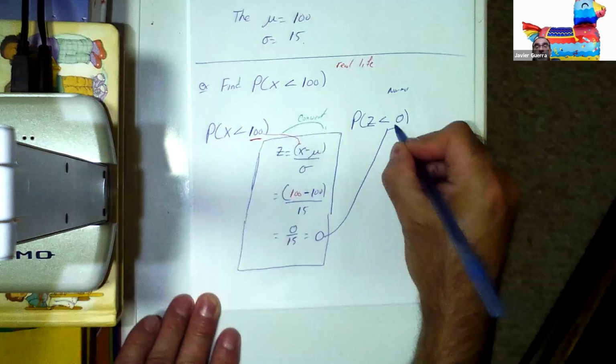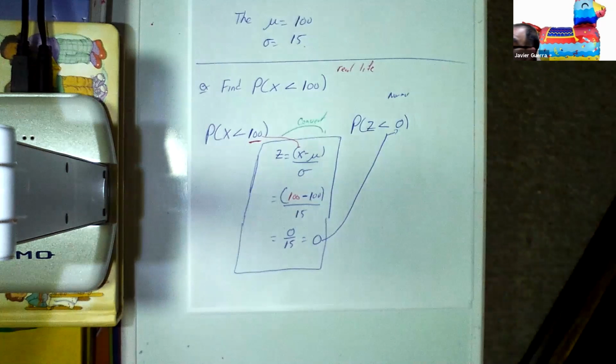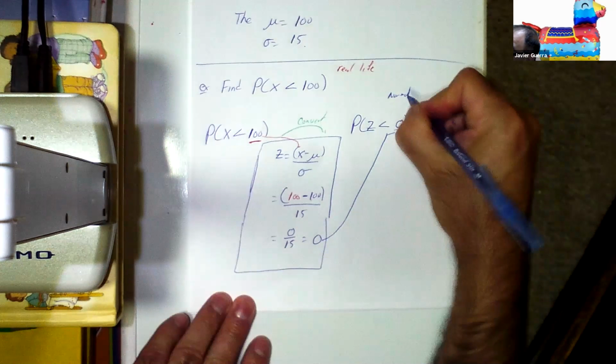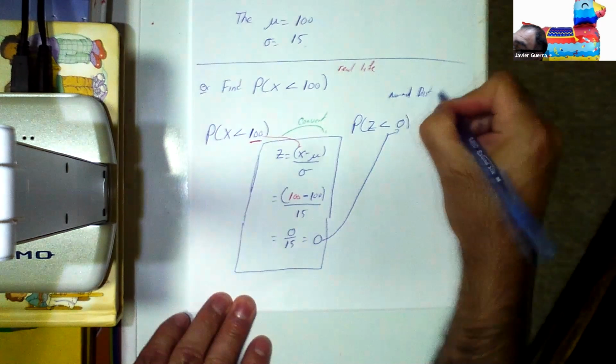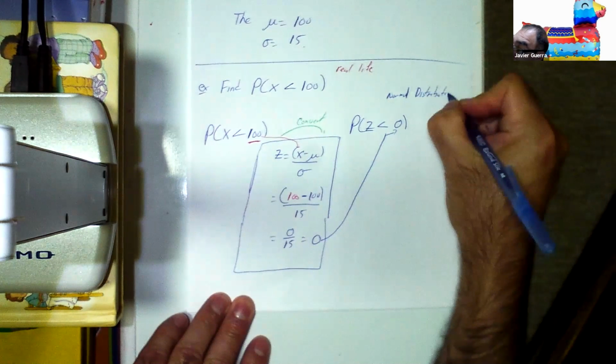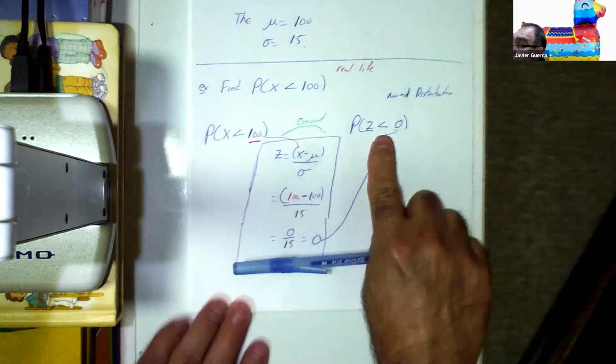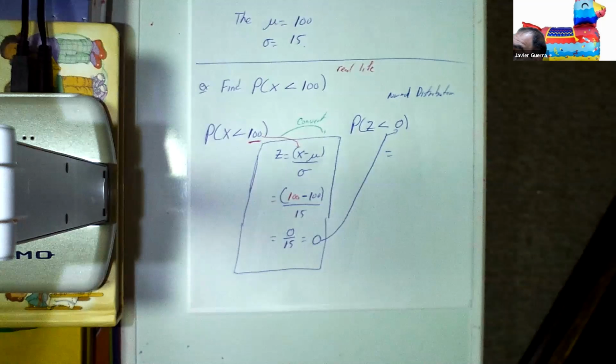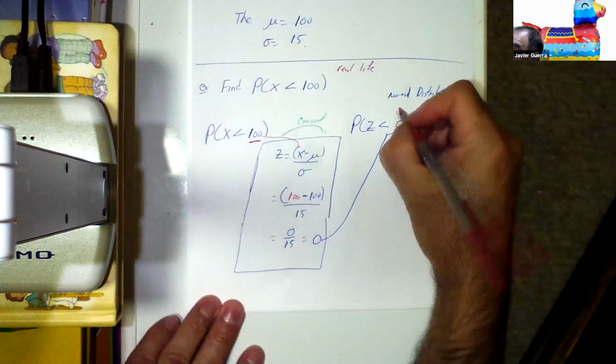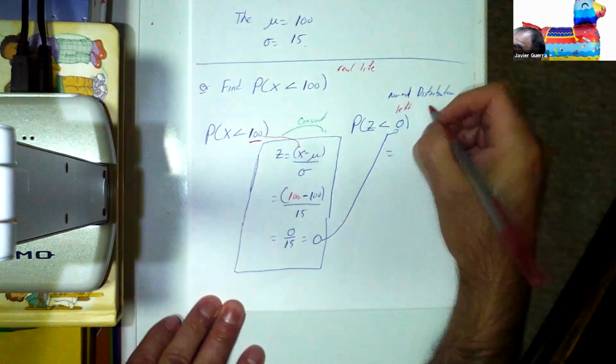There's your 0. Normal distribution. Right. And then you're gonna go to StatDisk, all right? Because this is less. Less means left area, right? Correct? Not that area, right? Left area.